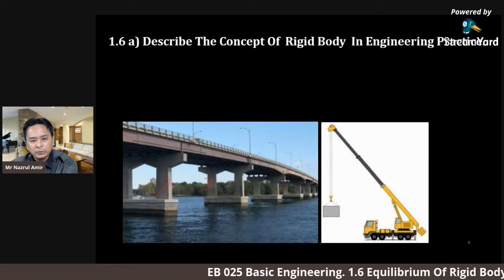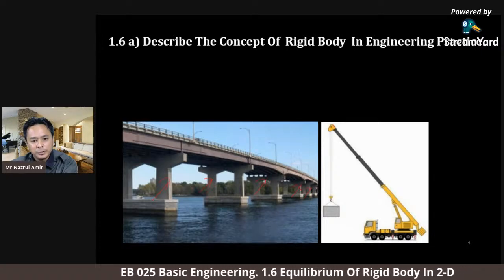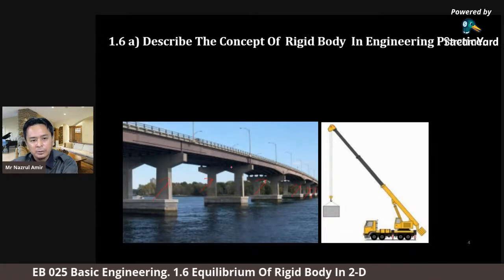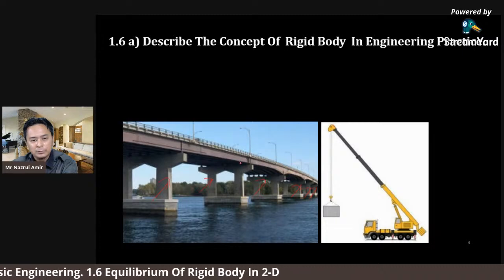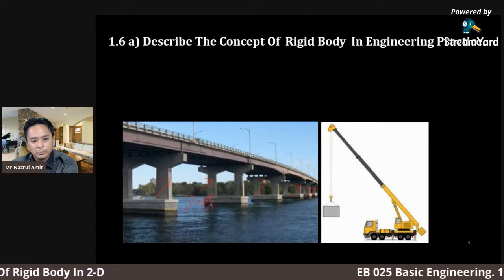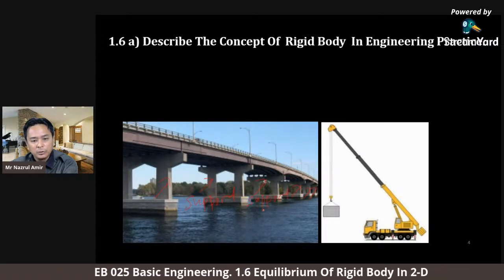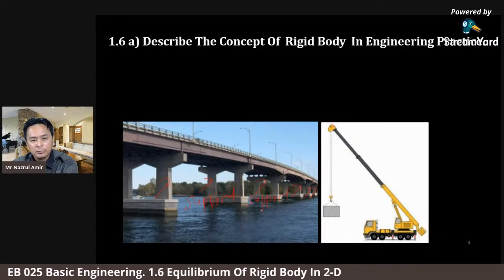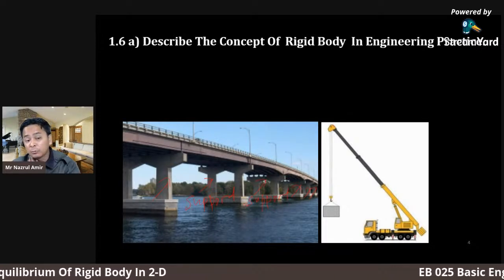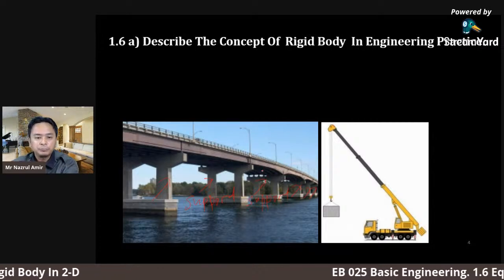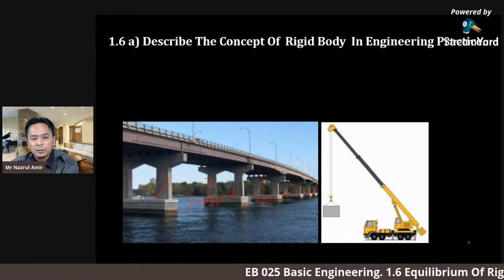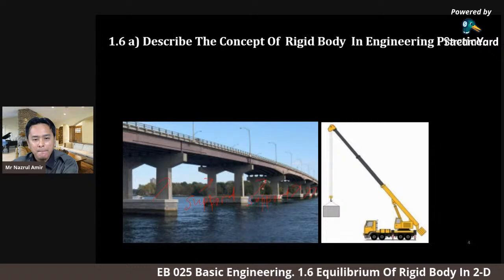Many structures need to be engineered to support the bridge as it has a loading on it. This is the support that we use in order to achieve the equilibrium, so that the bridge will stay static. There is no motion on the bridge, so people can pass over safely.